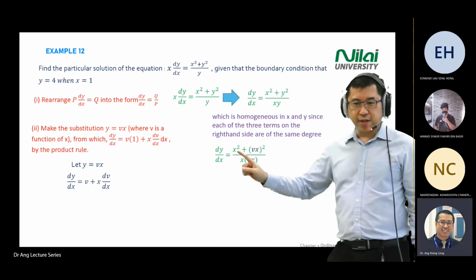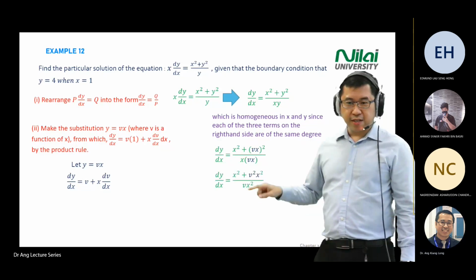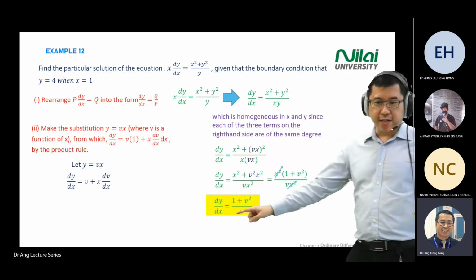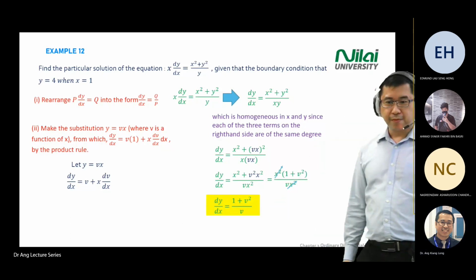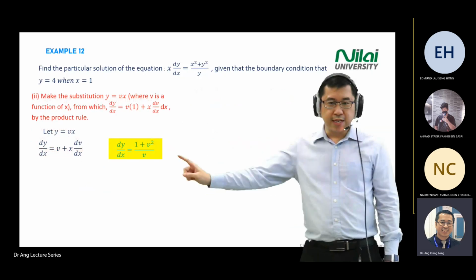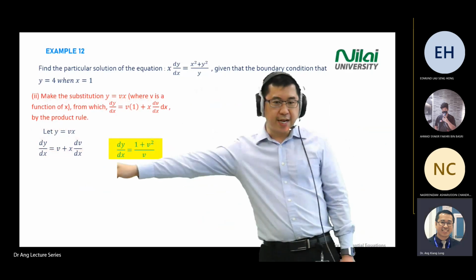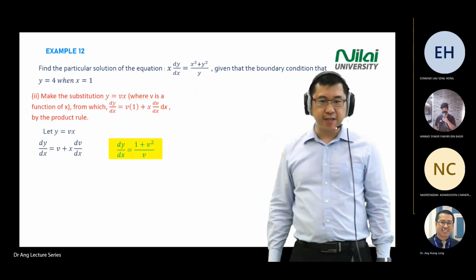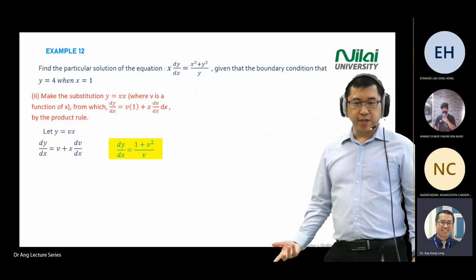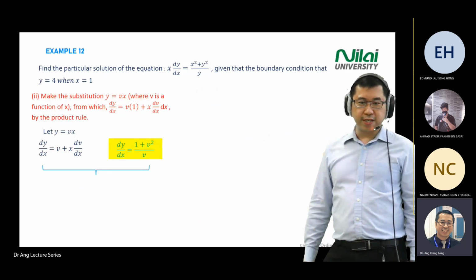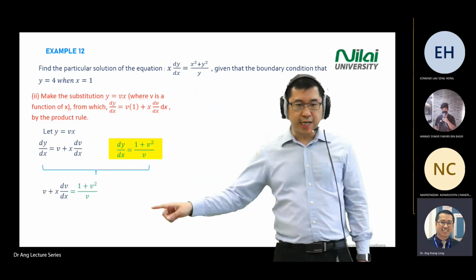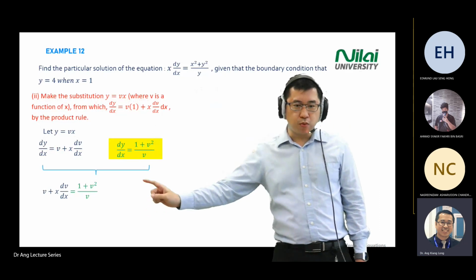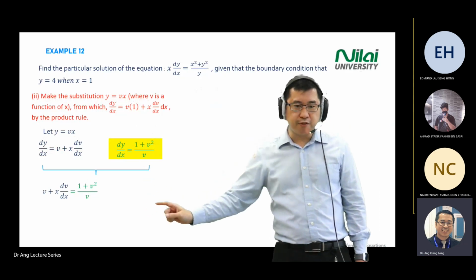You arrange here and there, you simplify, and you get this form. Compare side by side, the blue color and the green color. What is your v? What is your x dv/dx? If you cannot see clearly, you just put them together: v plus x dv/dx equals (1 plus v squared) divided by v.